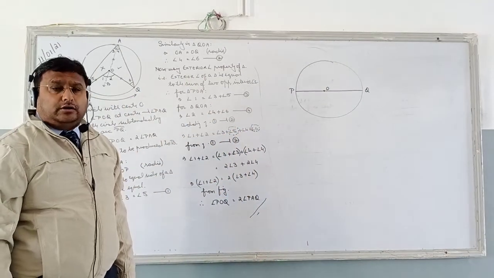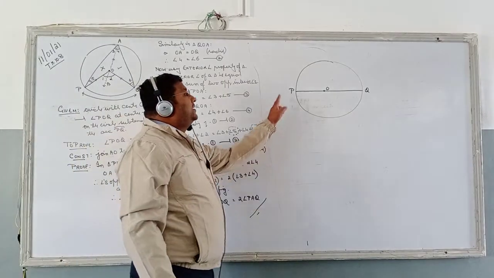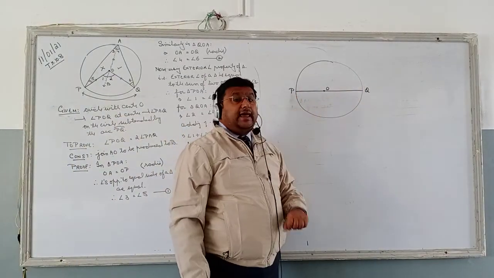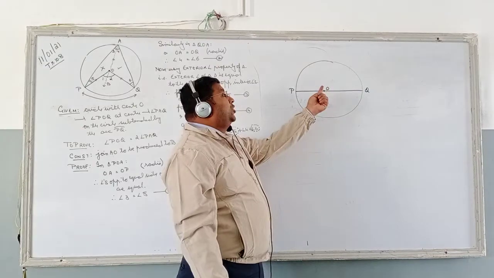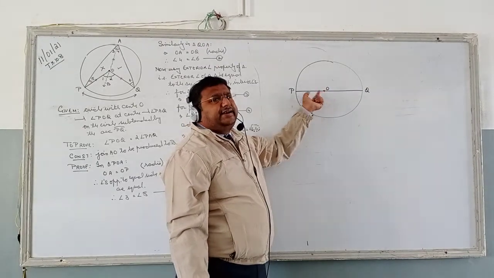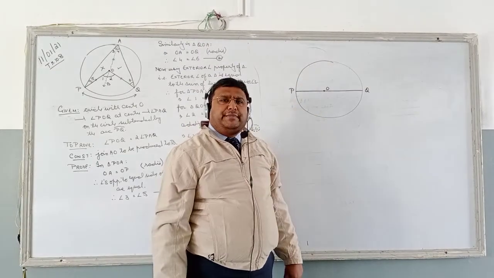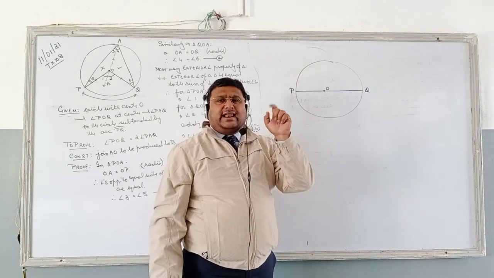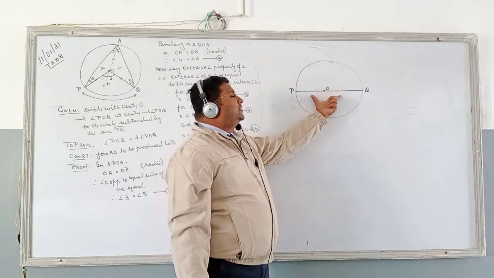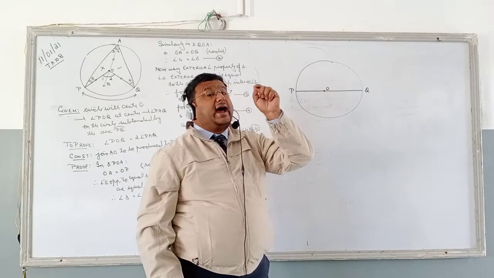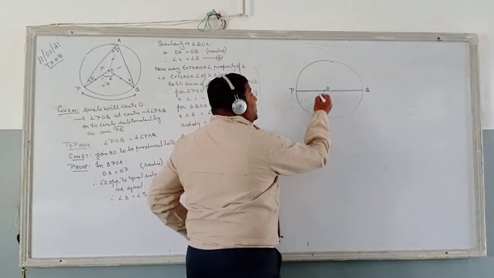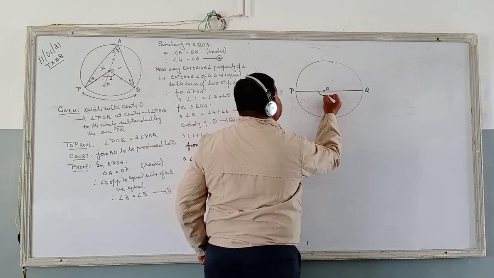It is also a chord. Why is it a chord? Because it is joining 2 points on the circle. And why is it a diameter? Because it is passing through the center. It is a line segment joining 2 points on the circle passing through the center. That is the diameter.